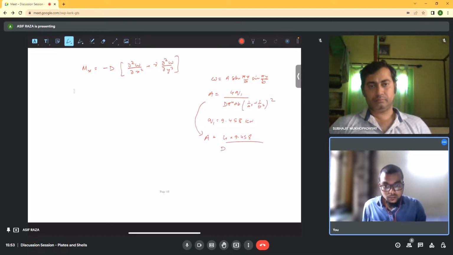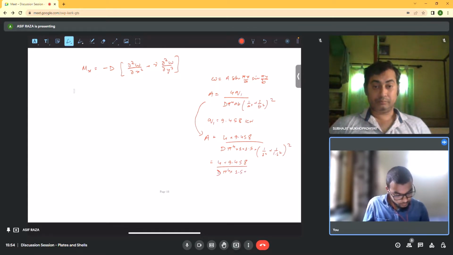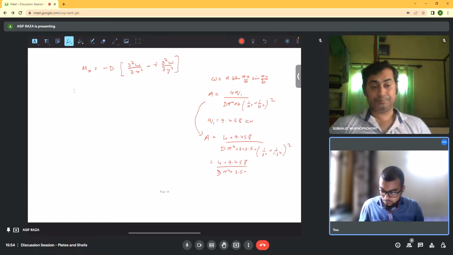So A is 4 into 9.458 upon D pi to the fourth, with a value 1 and b value 1.5, so 1 by 1.5 square plus 1, which gives 2.0864 squared.